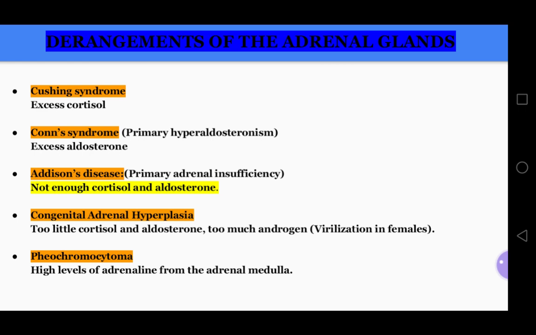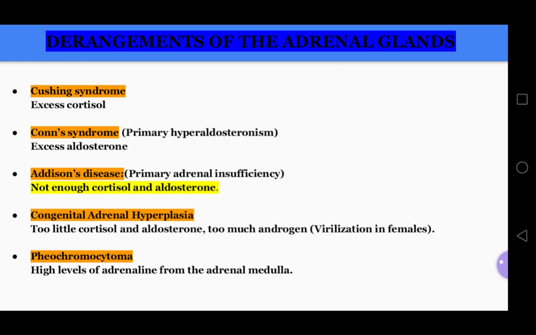This is a result of excess aldosterone. Addison's disease, which is our topic for today, is also known as primary adrenal insufficiency, and it is because not enough cortisol and aldosterone are produced by the adrenal gland.